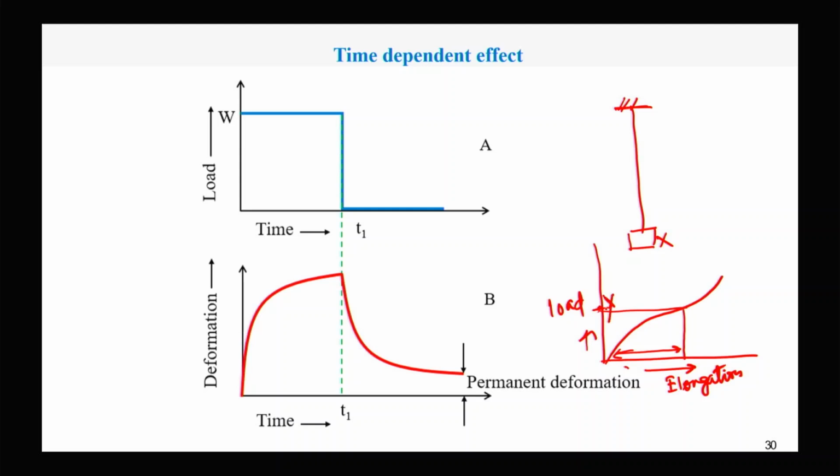Suppose this is the Y load and elongation is X. If we apply load Y here, then with that load, as per this curve, this will get extended, and the extension should be around X.